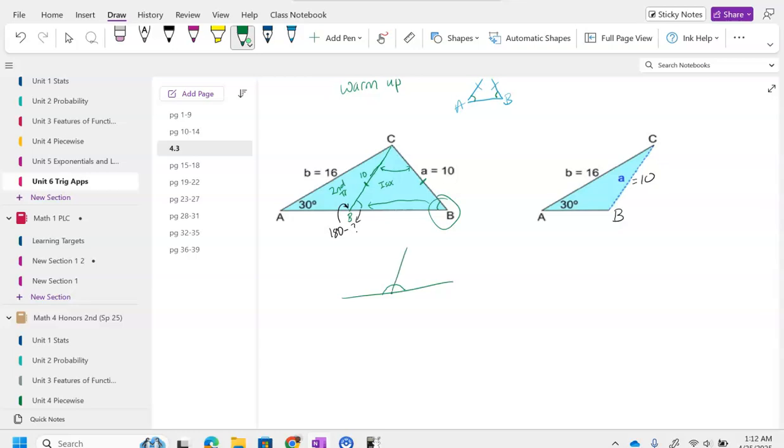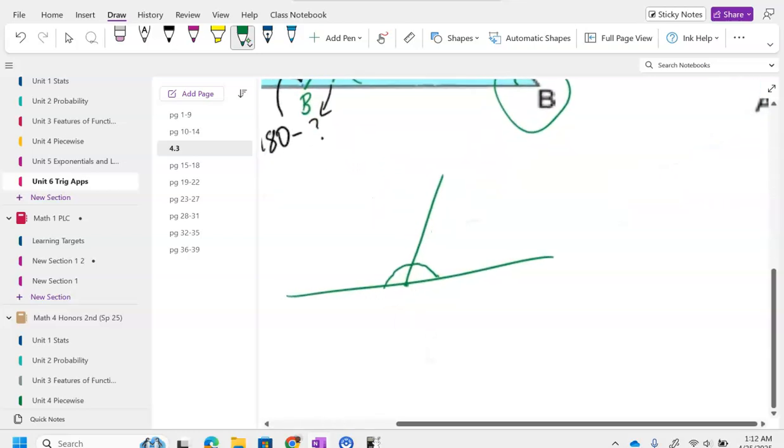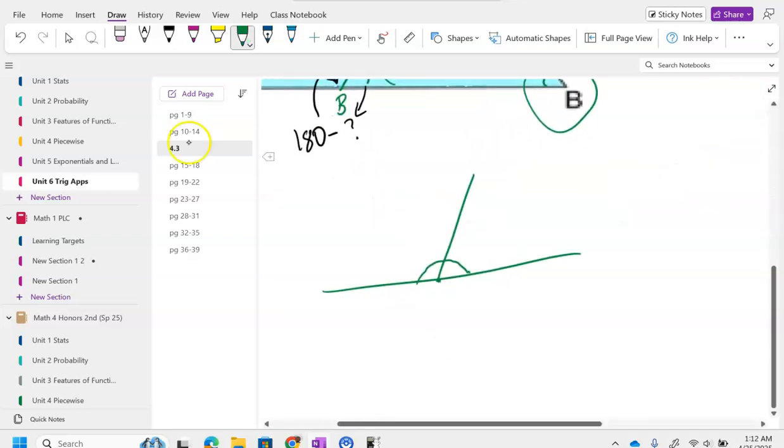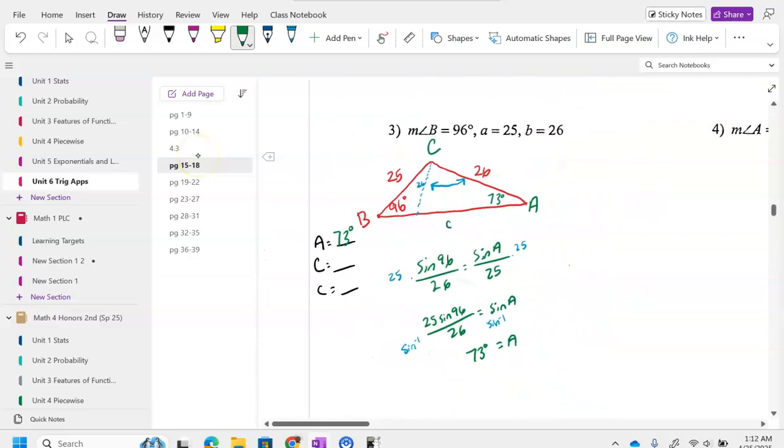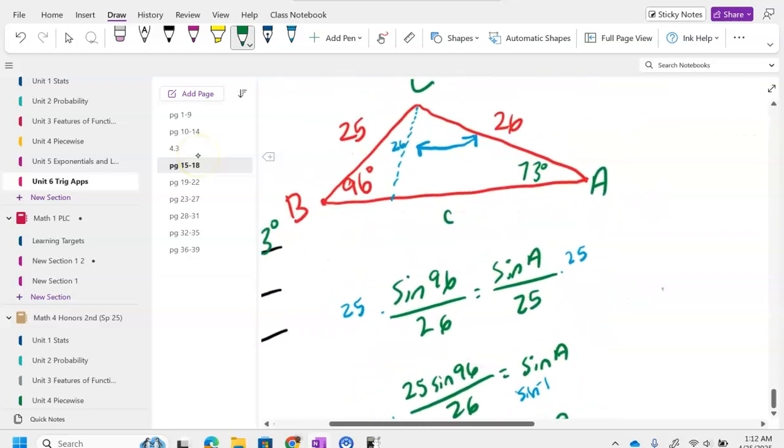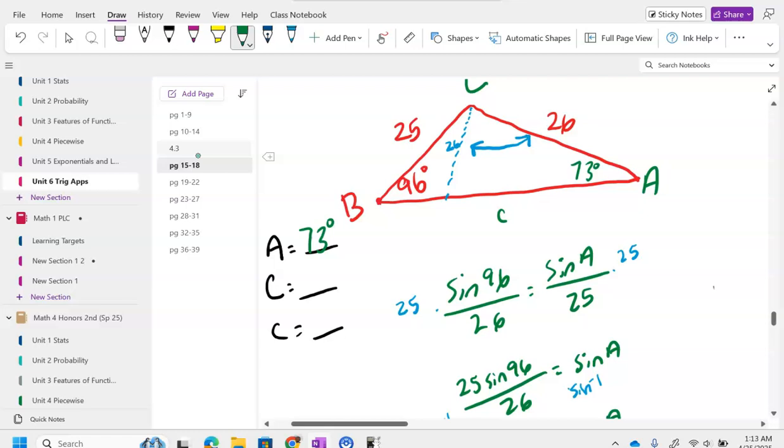So if I cut it with that line, I just know that those two angles add up to 180 degrees. So going back to our problem, we have 73 degrees. We have an isosceles triangle because we're doing an imaginary push of side 26. So we're going to swing this over, but to get our second triangle going, we're going to have to do 180 minus 73.